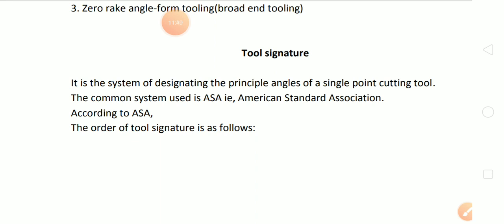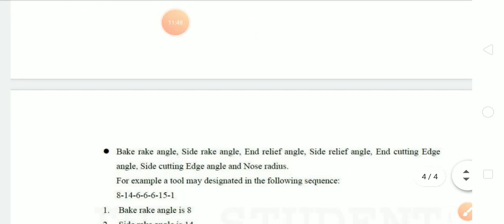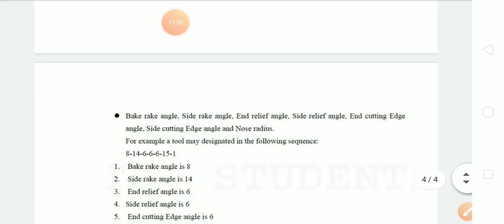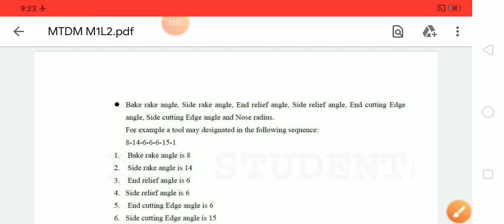a system of designating the principal angles of a single point cutting tool. I have just given an example. This is the tool signature. You can see back rake angle. There is a small spelling mistake in it, it is BACK, but it's not a problem.